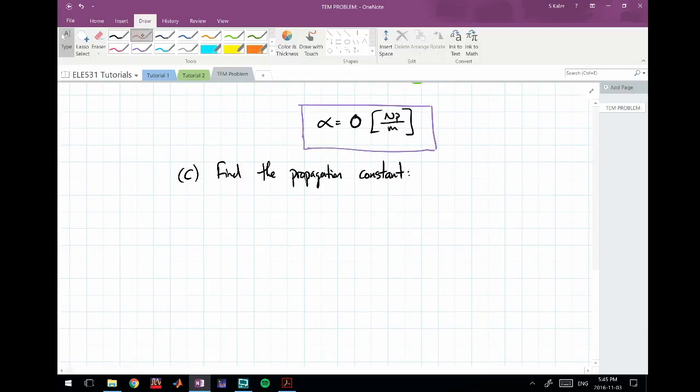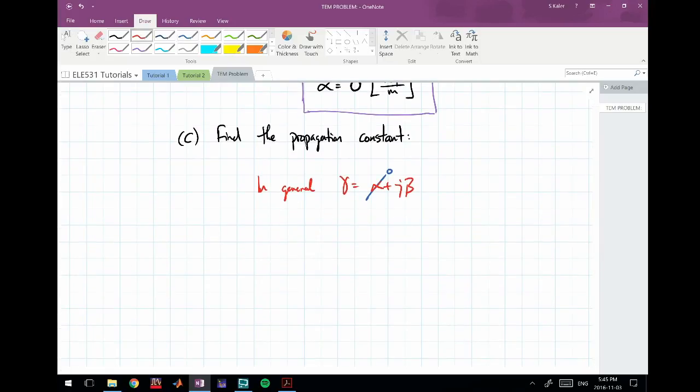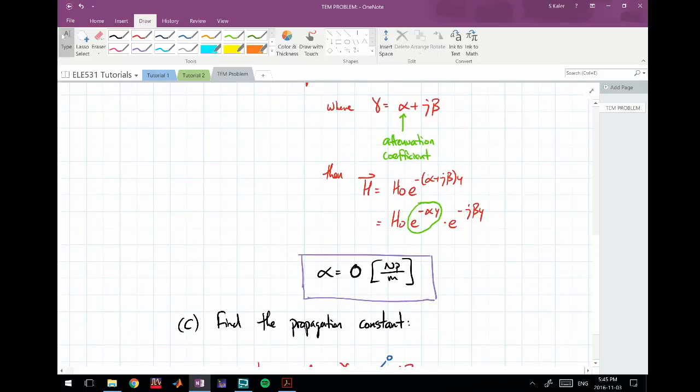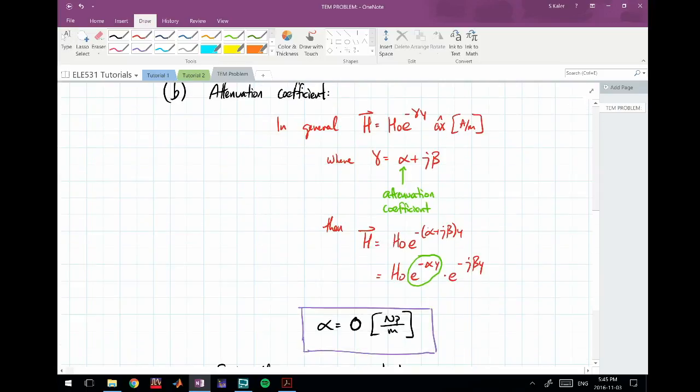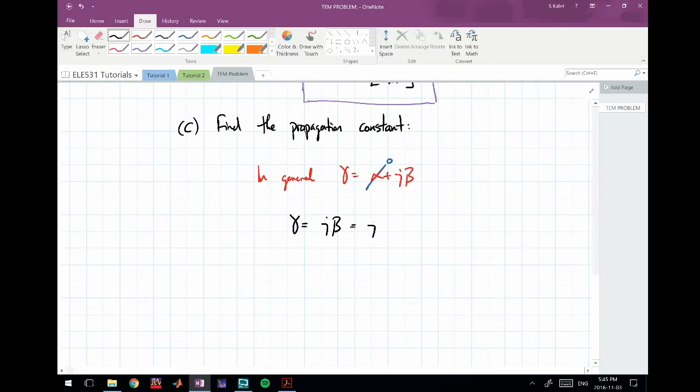And so we say in general, gamma equals alpha plus j beta, but we know that this term is 0, so we have that gamma equals j beta. Beta we found, if you look back up here, is pi, so this is just j pi.